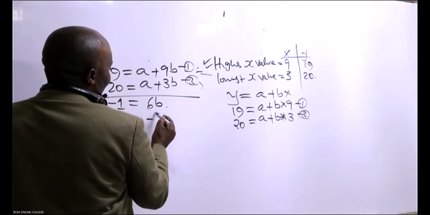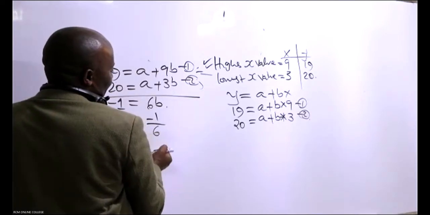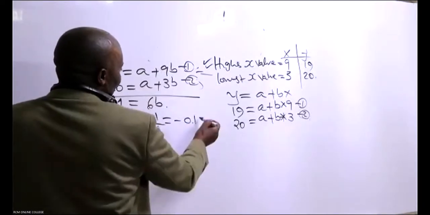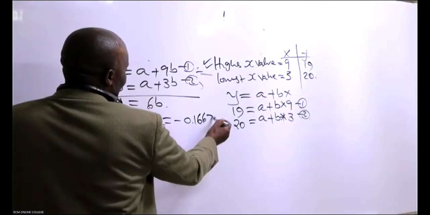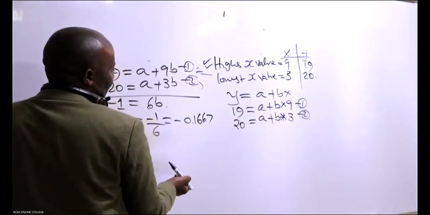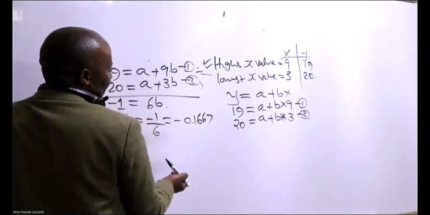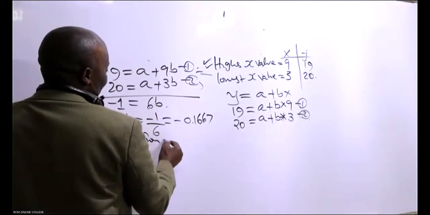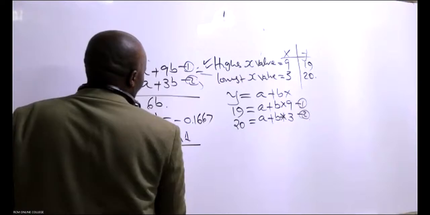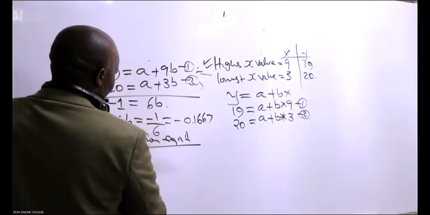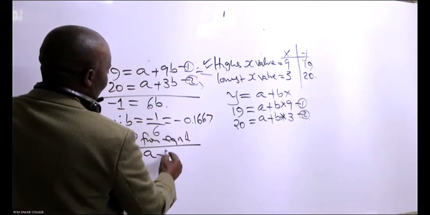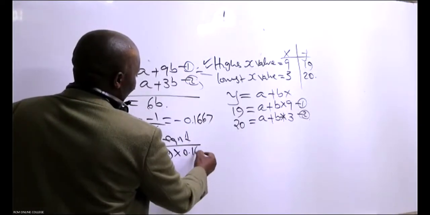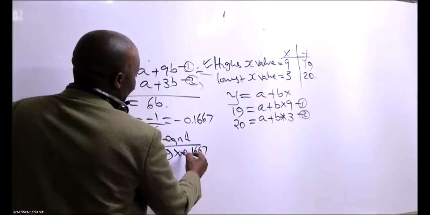Therefore, b will be minus 1 over 6, which gave you minus 0.1667. And then now we can easily get a from equation 1. So it will be 19 equals a that we don't know plus 9b, which is negative here.